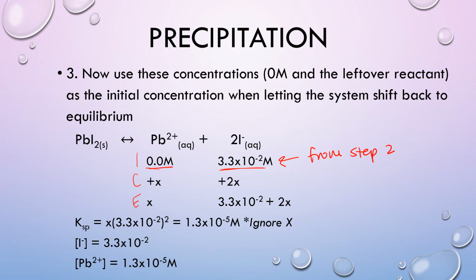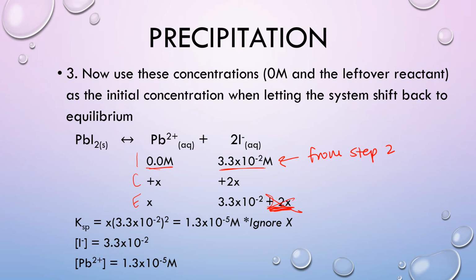So then, because my K value is small, I get to ignore the change in x right here, so I can ignore that. So then when I solve for x, I get 3.3 times 10 to the negative 2.